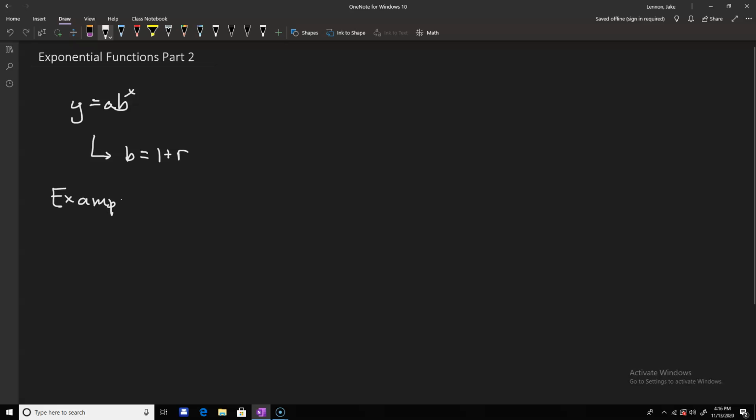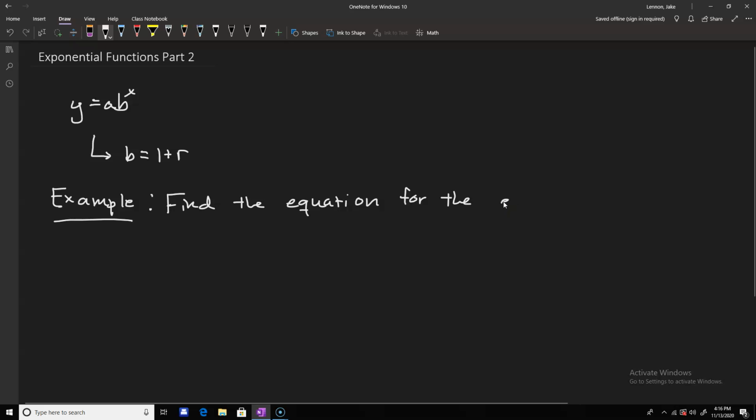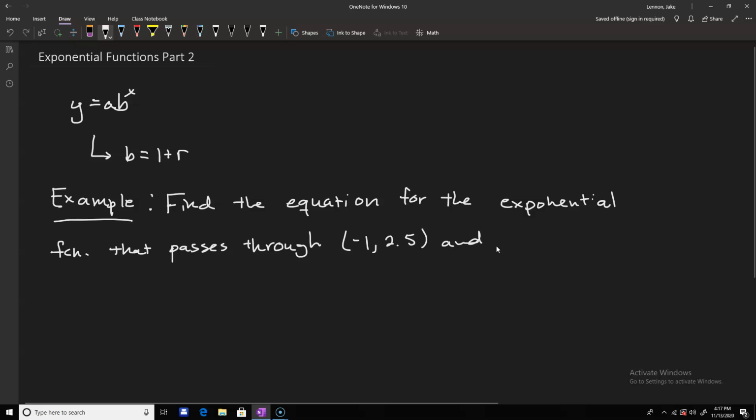So in this first example, we are just going to find an exponential function that passes through 2 points. So we want to find the equation for the exponential function that passes through the 2 points, -1, 2.5, and 1, 4.9.